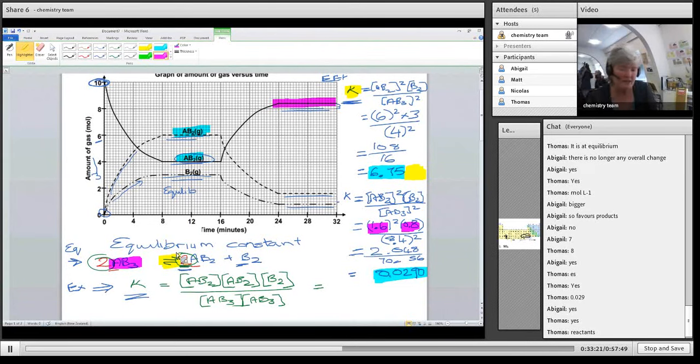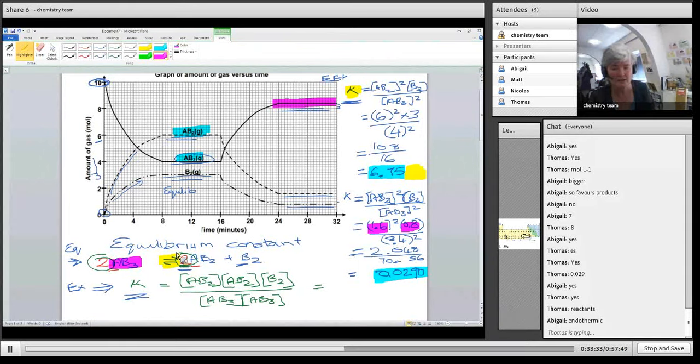So knowing that fact that I heated the mixture, and so the reverse reaction was favored, what can you tell me about the reverse reaction? Is it endothermic or exothermic? It's endothermic.